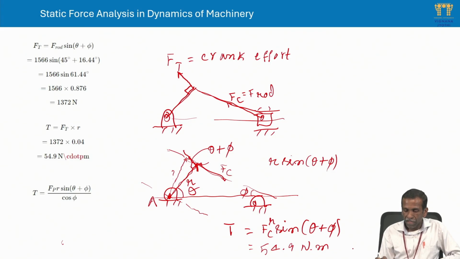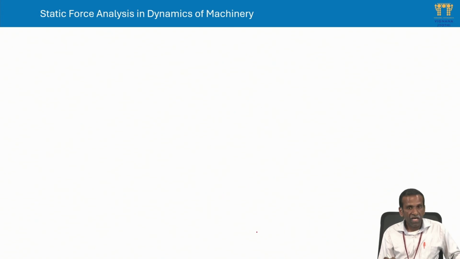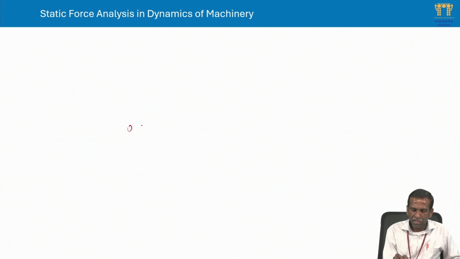Then the same problem we want to do in dynamic analysis. As you know, in dynamic analysis we need to consider inertia forces and inertia couples. So how do we do that?